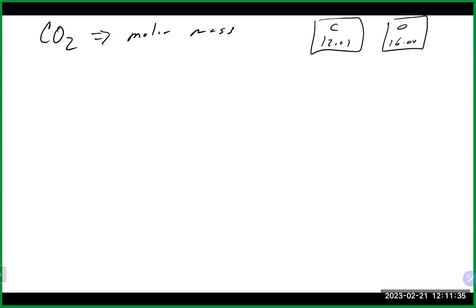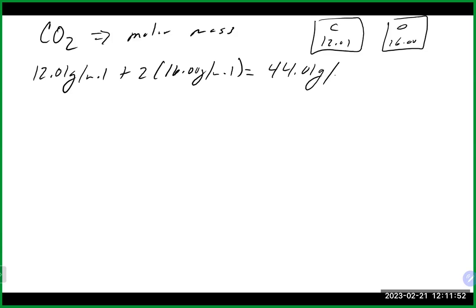That would give us 12.01 grams per mole plus 2 times 16 grams per mole, which gives us 44.01 grams per mole as our molar mass of CO2. We could do it for anything as well. You just add up all the parts.